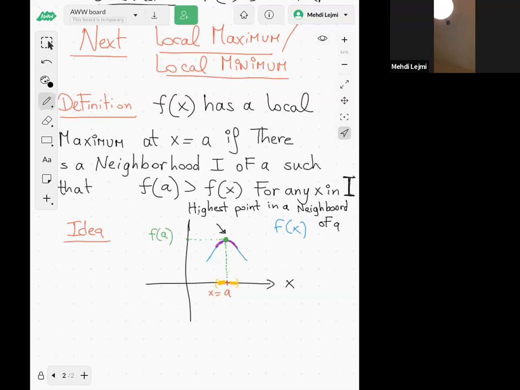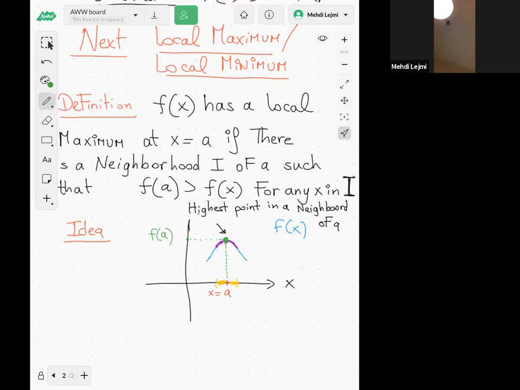Okay. So we have a sort of parabola, right? A parabola which opens down, and the vertex of the parabola would be f of a, this point here.